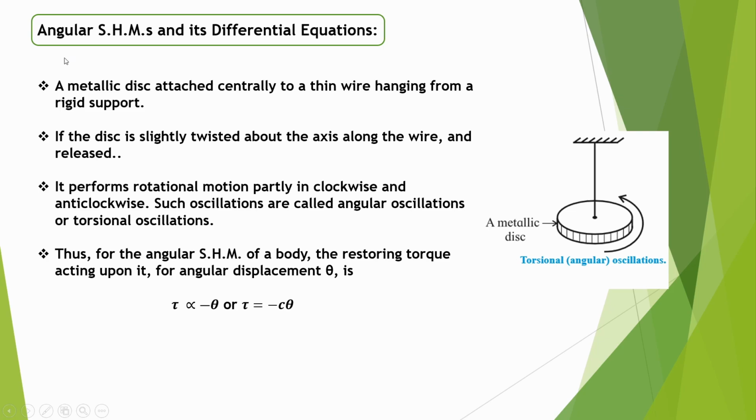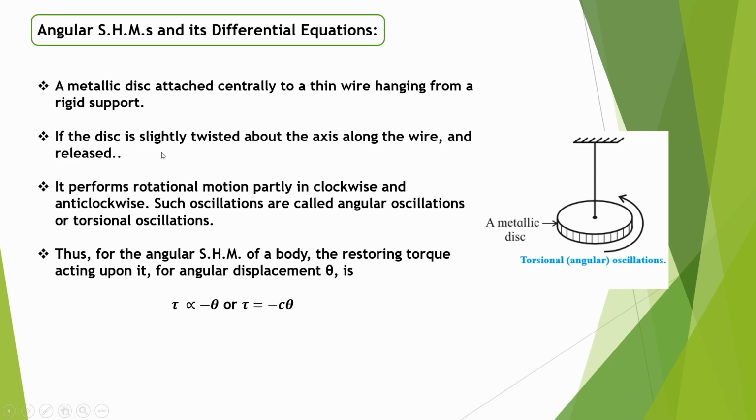Let us discuss angular SHM. Let us see the figure. The figure shows a metallic disc attached centrally to a thin metallic wire which is hanging from a rigid support.